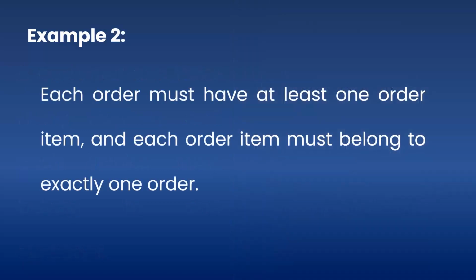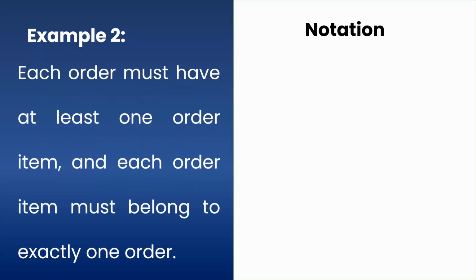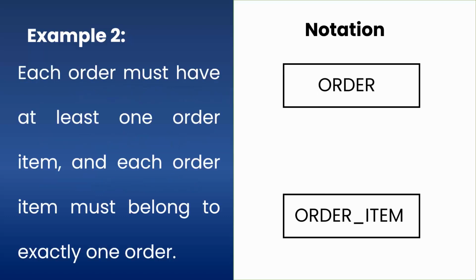Each order must have at least one order item, and each order item must belong to exactly one order. The entities here are order and order item. The business rule says order must have at least one order item, meaning the maximum is many and the minimum is 1, thus at least one order item.